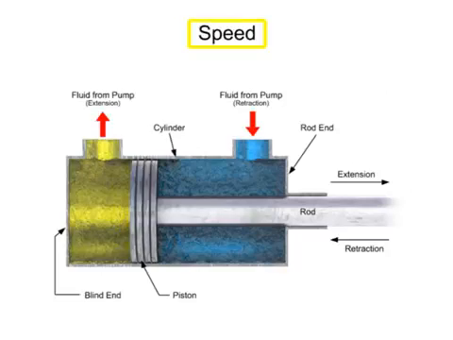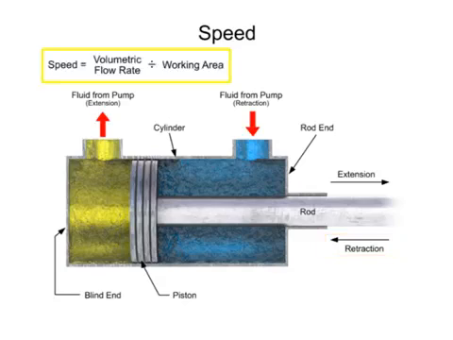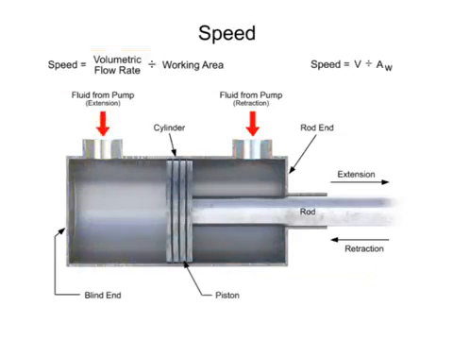The speed at which the piston extends and retracts is calculated using the volumetric flow rate times the area for the incoming fluid. Since each side of the cylinder has a different working area, each side experiences a different speed. Let's assume that the volumetric flow rate is equal for each inlet, meaning fluid enters each end of the cylinder at the same speed.